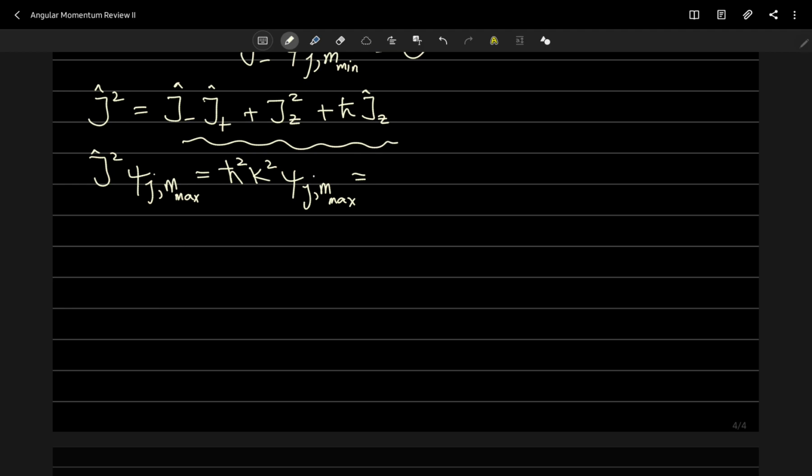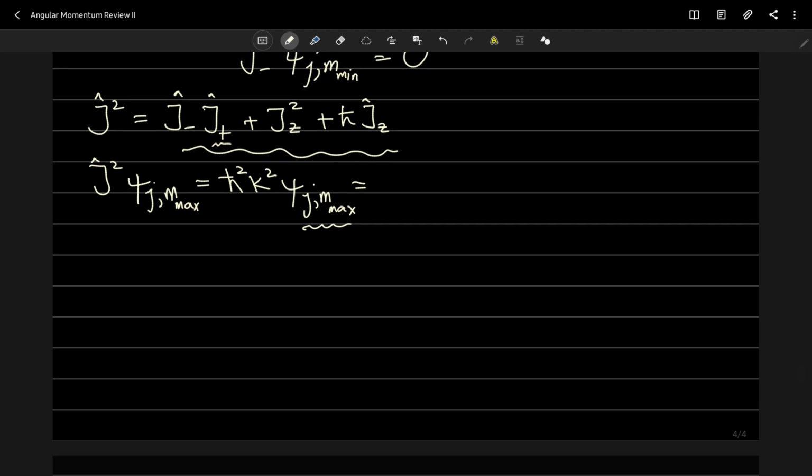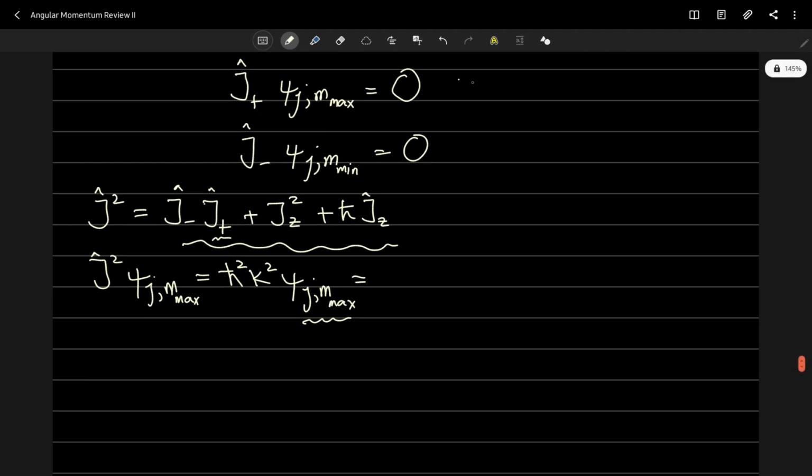First we would have j plus acting on this thing, but we already know what that is from these two equations we just talked about. If j plus acts on some psi that has the maximum value of m, it would vanish, and then j minus would act on it, so that would also give you 0.